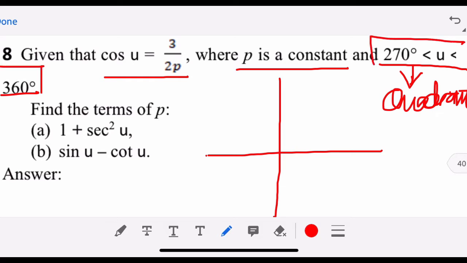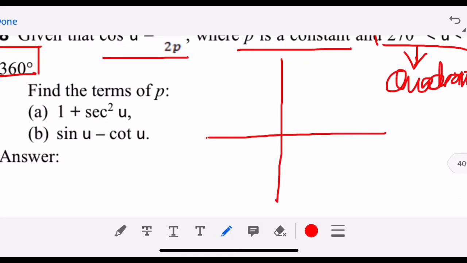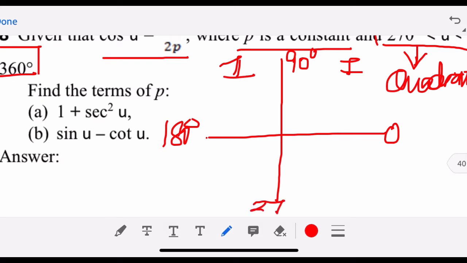From 270 to 360, you should know 0 to 90 is the first quadrant, 90 to 180 is the second quadrant, 180 to 270 is the third quadrant, and the fourth quadrant is 270 to 360 degrees, right? For a trigonometric function, why do we say function?